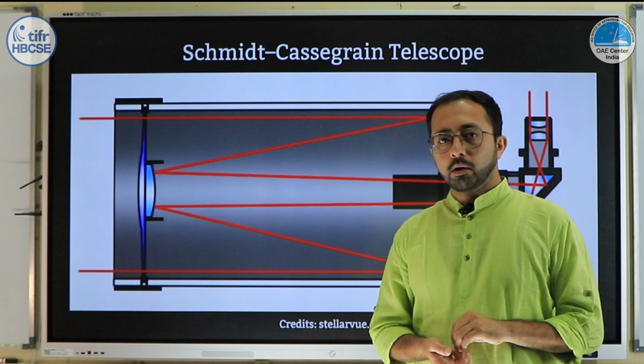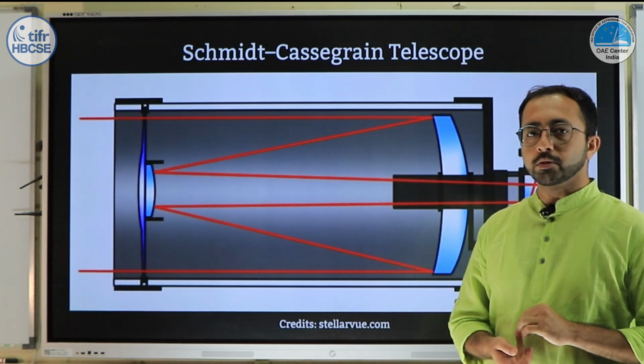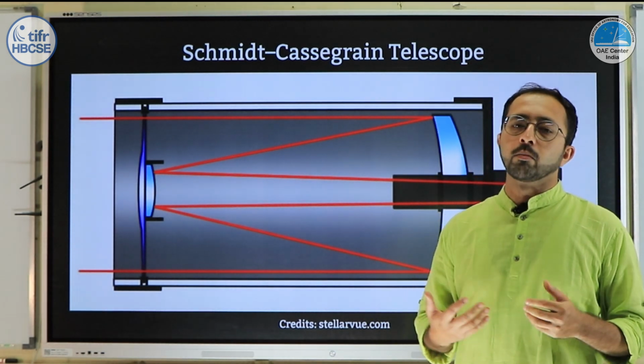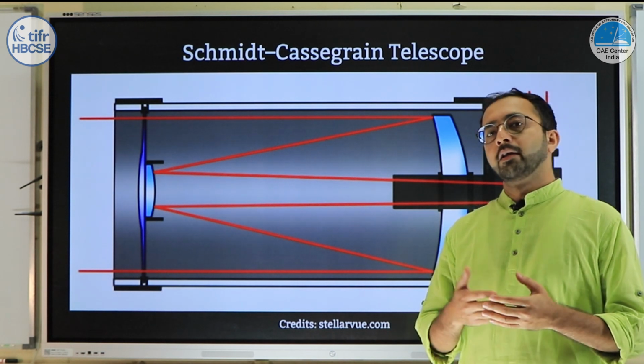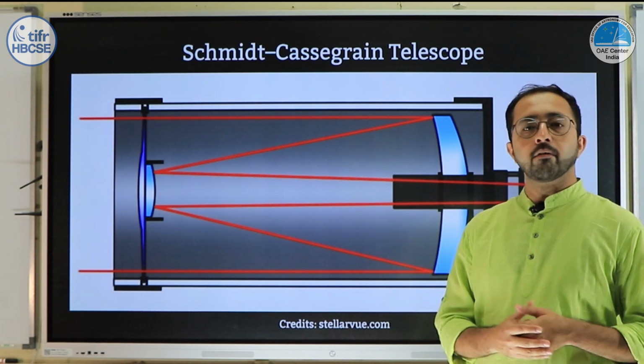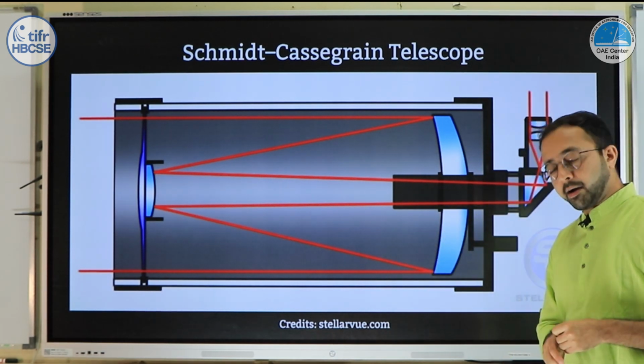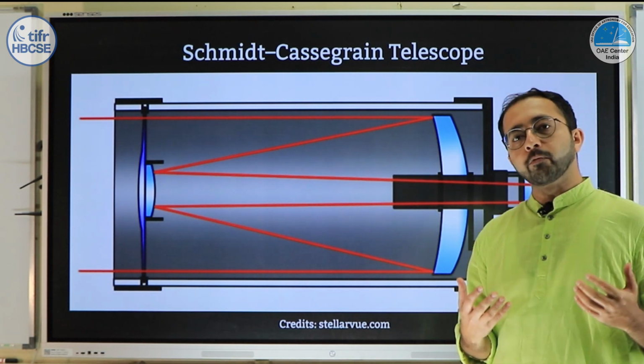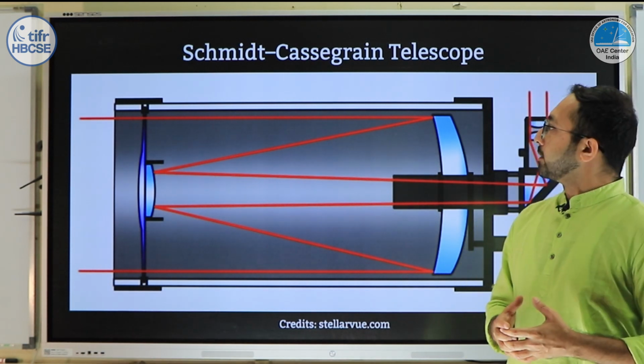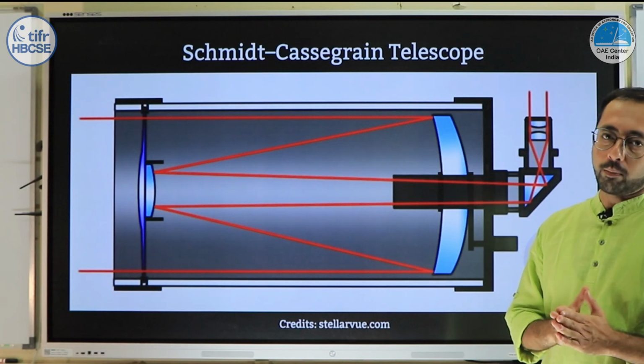There is another improvement. Such telescopes are nowadays readily available for amateur astronomers and commercially available in various places. I am sure many of you have already heard this name, the Schmidt-Cassegrain telescope.